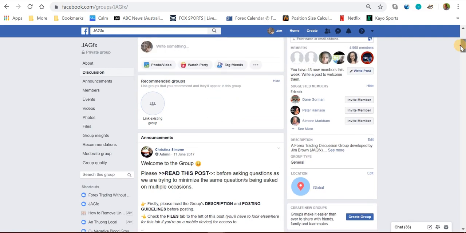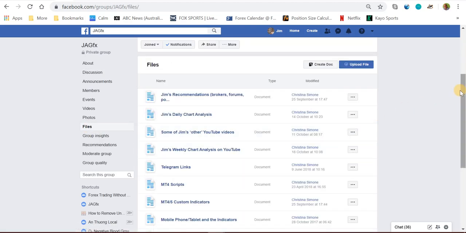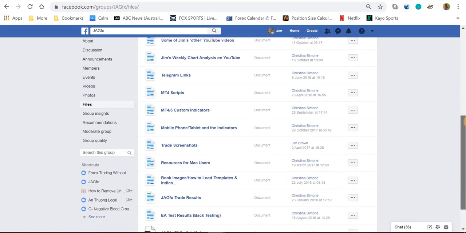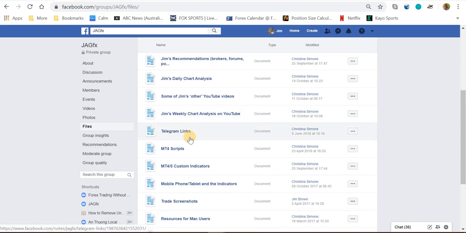You can also sneak across to the files on the left here. This is a laptop, so I don't know where it is on a mobile device. If you click on that, it will take you to various resources. So you've got all my Telegram links, scripts, custom indicators. These are the ones that come with the book.